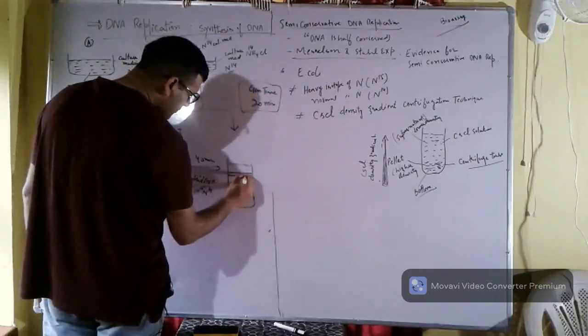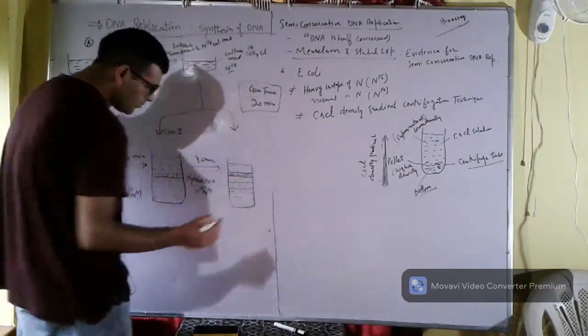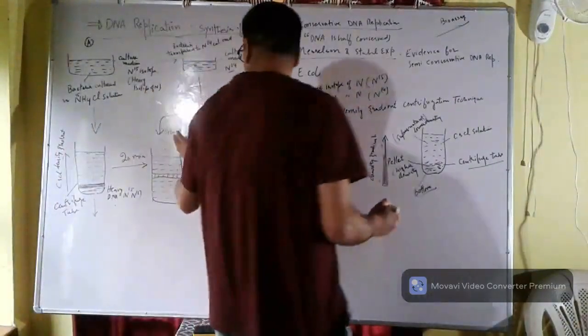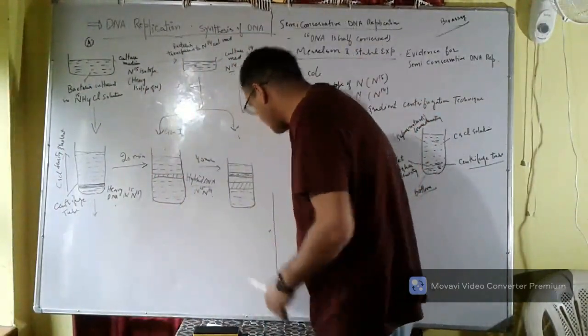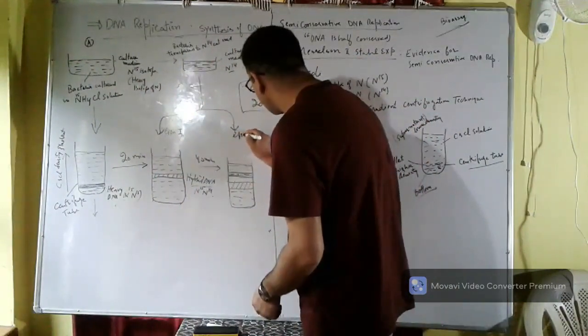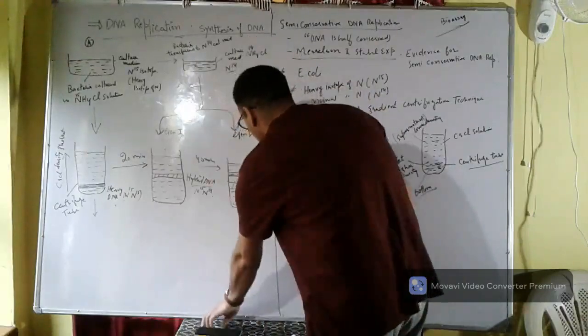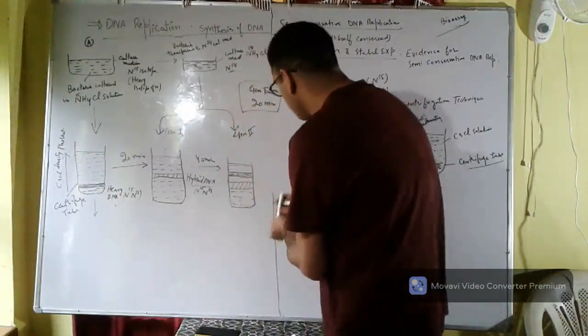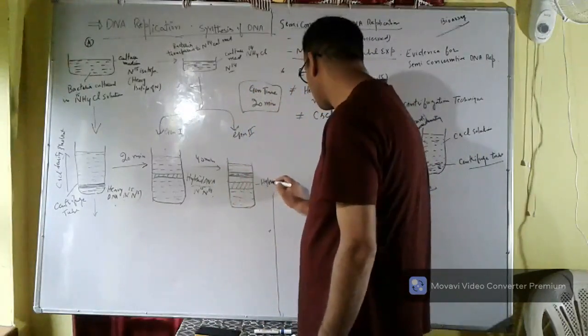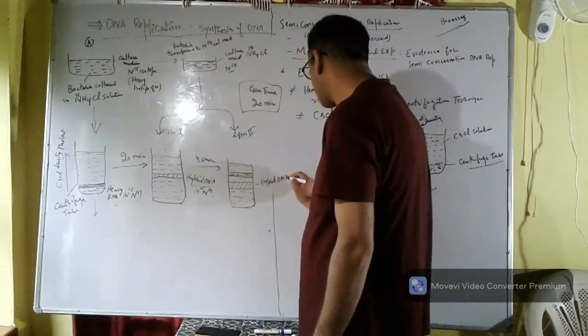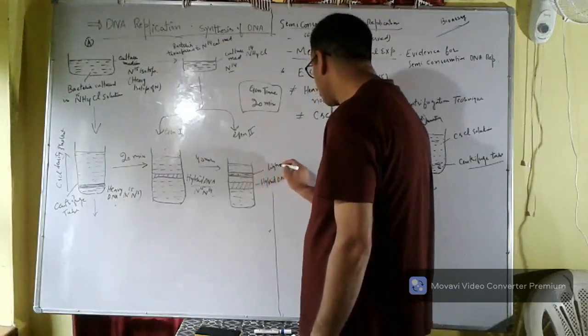So two types of DNA molecules were found in the second generation. So we have got two types of DNA molecules. One was hybrid DNA, and this is what is called light DNA.